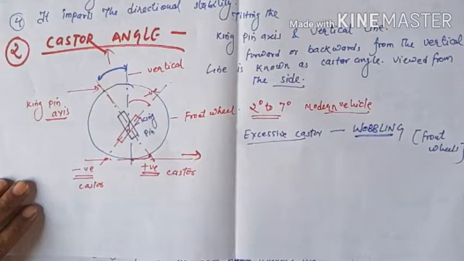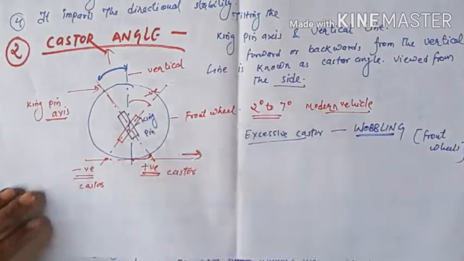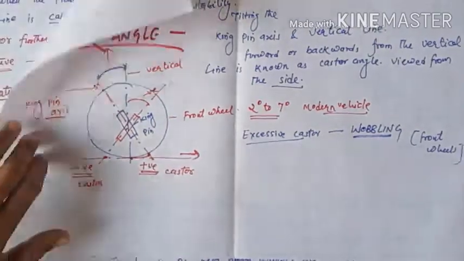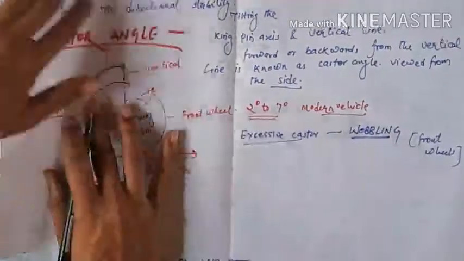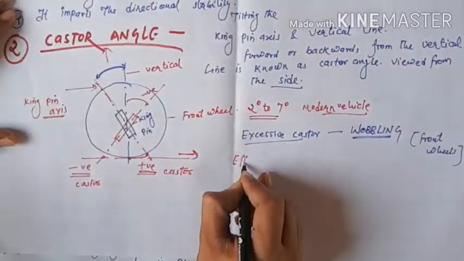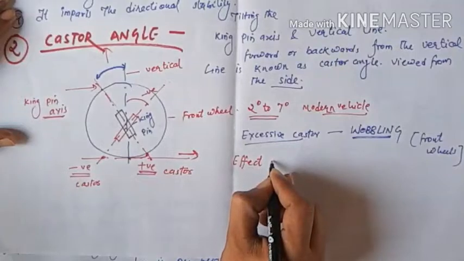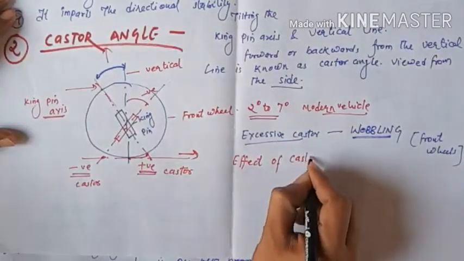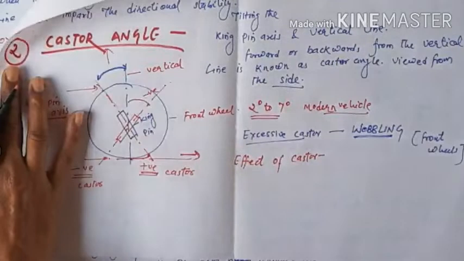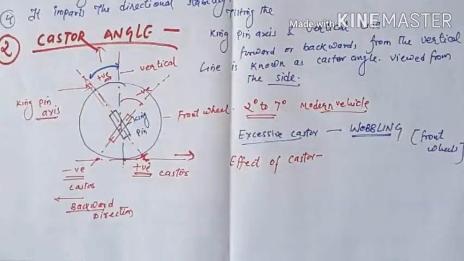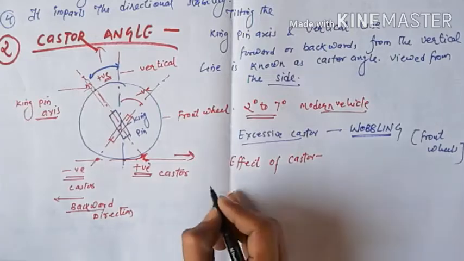So now let's discuss the effects of caster. The positive caster gives directional stability.